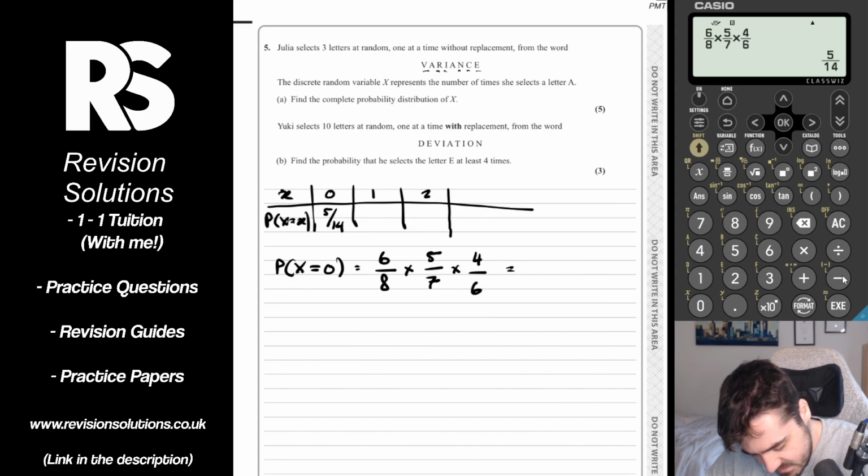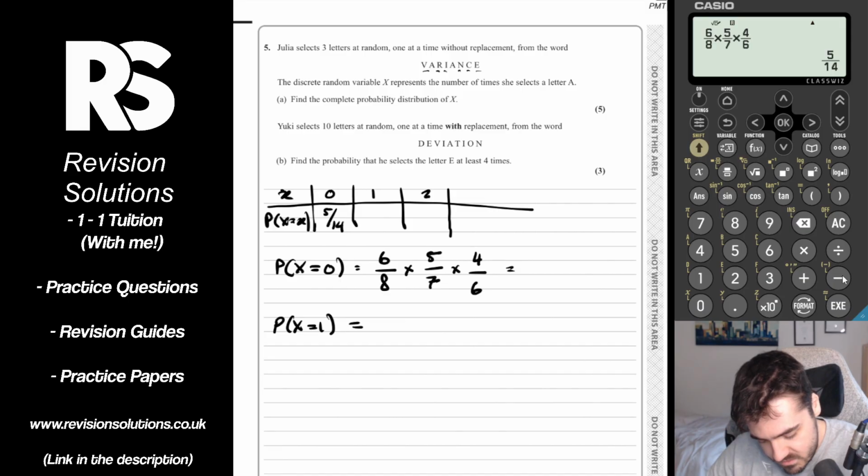Then the probability x equals 1, we have to be a little bit careful because there's 3 different ways that could happen. She could pick the A on the first, second, or third go. But that's not really going to matter. Actually, let's write it out to be careful. Let's say she picks it on the first draw.